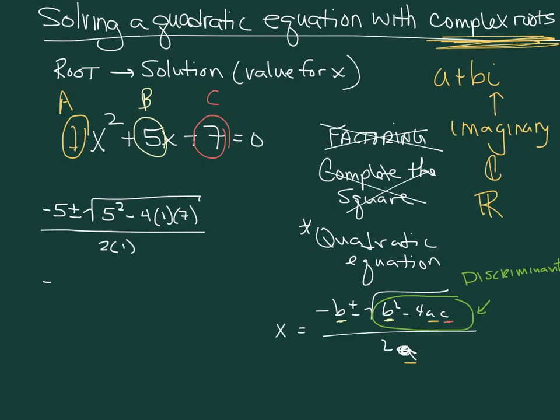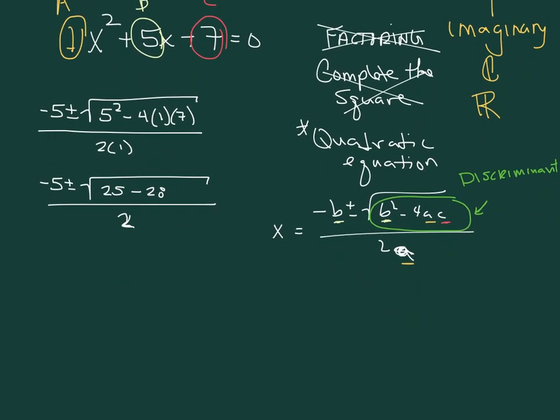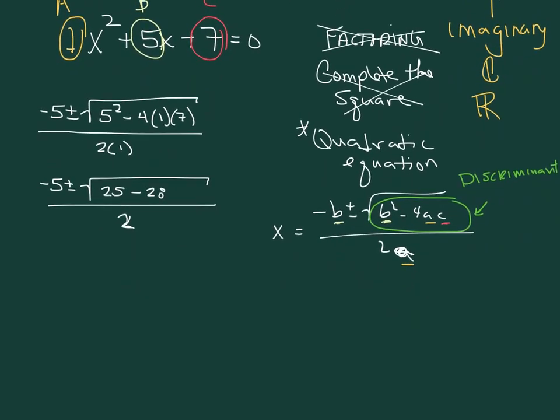So this leads us to negative 5 plus or minus the square root of 25 minus 28, and there you can see that's where our imaginary number is going to come from, because I'm going to have a negative underneath the square root, and that's going to create an issue in terms of real numbers. Now we're going to go -5 plus or minus the square root of -3 all over 2.